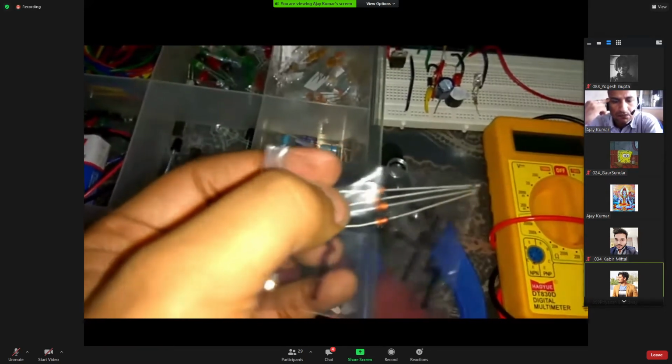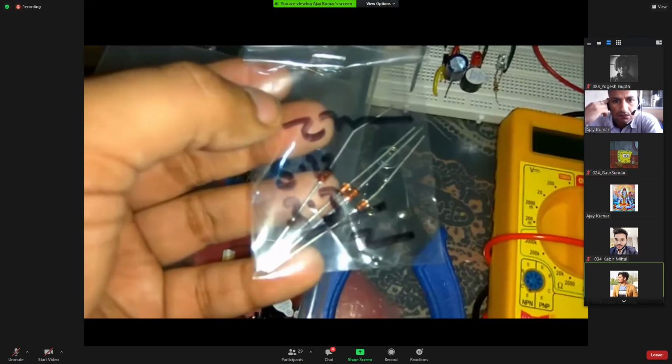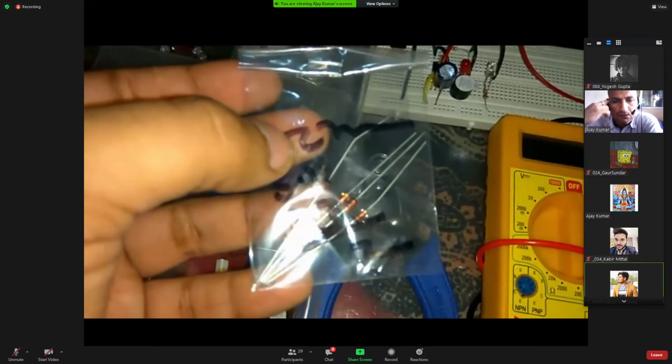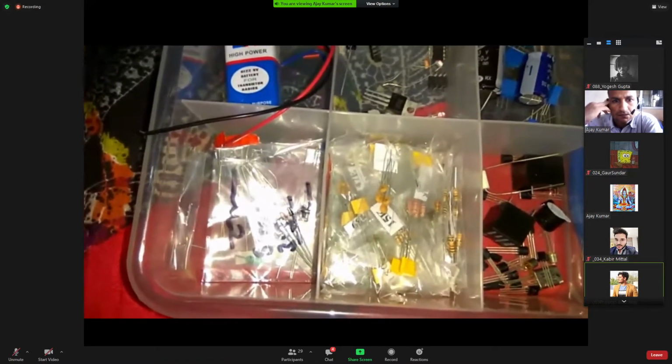In the market, it is available by the name IN4740, IN4786, etc. Let's move toward the next diode. And one more thing, a PN junction diode is also called a signal diode.